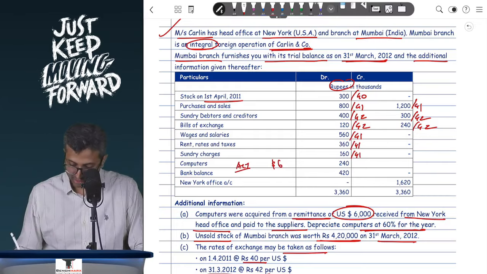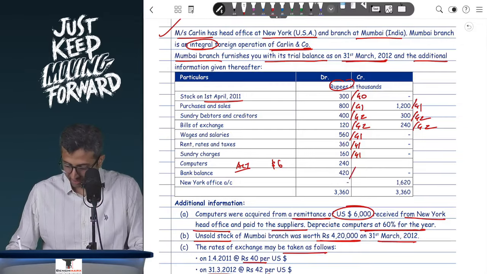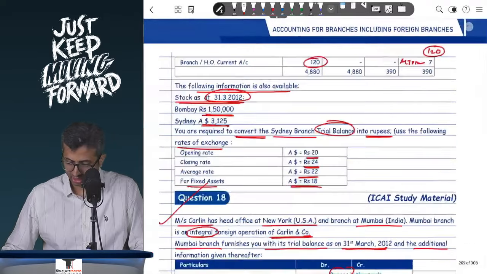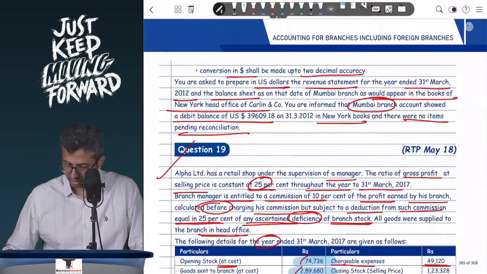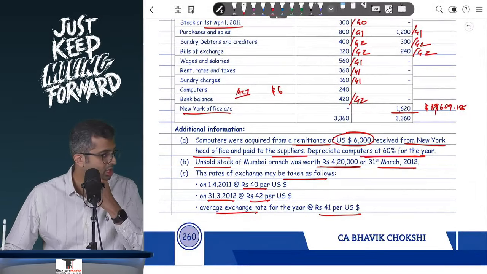Bank balance, I think divided by 42, and New York office 1620, this will be around 39,609.18.